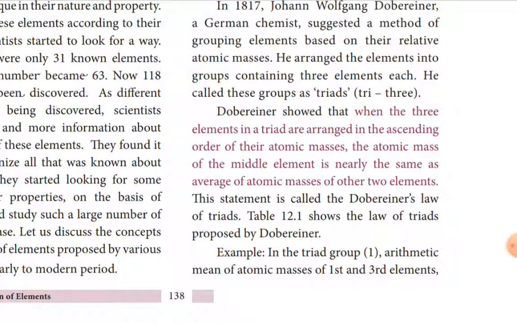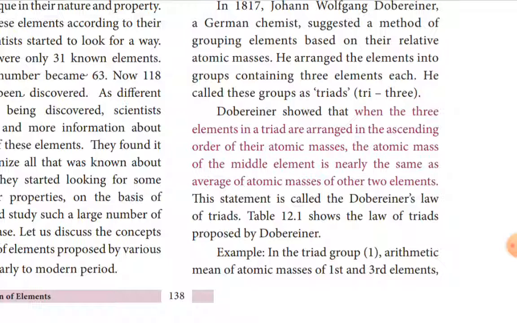See, the middle element possesses an atomic mass that is the average of the remaining two. The atomic mass of the middle element is nearly the average of the atomic masses of the other two elements. In such a way he grouped the elements, and there is Table 12.1, which shows the Dobereiner triads.